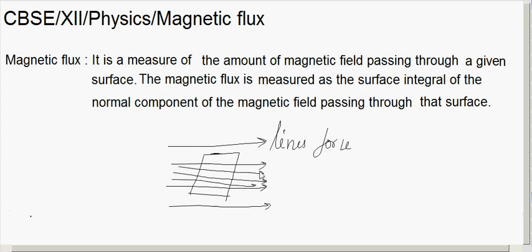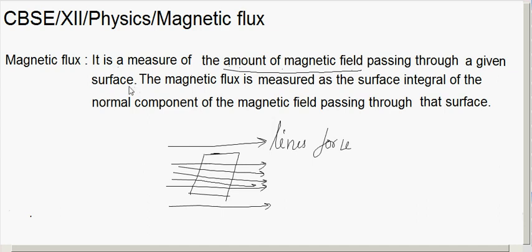The total number of magnetic field lines will represent the magnetic flux. So this is a simple way of explanation, but when we come to the definition, we have to write it properly. So magnetic flux, we can say, is a measure of the amount of magnetic field passing through a given surface.